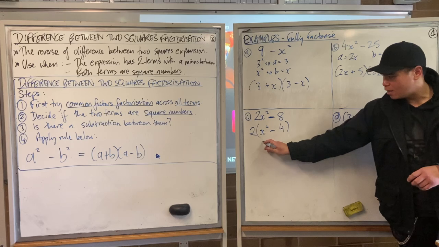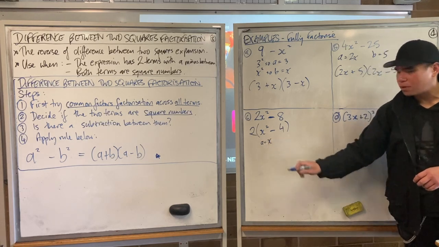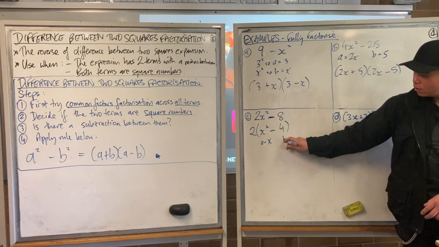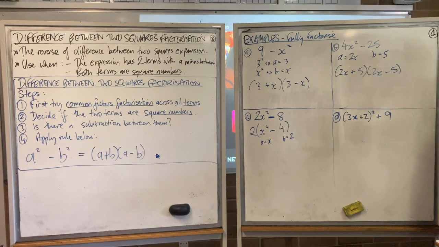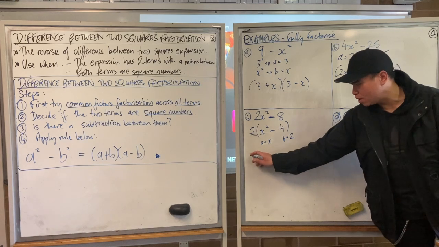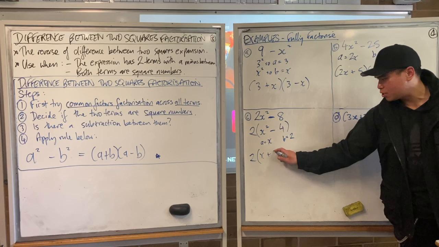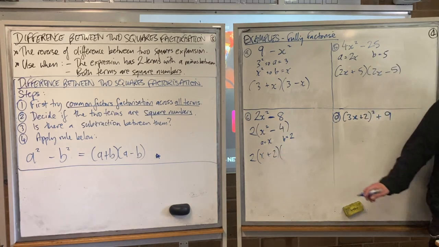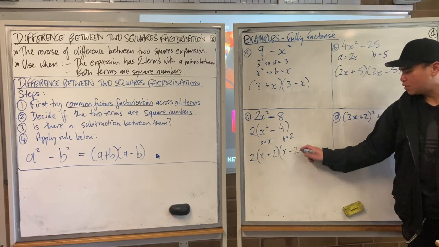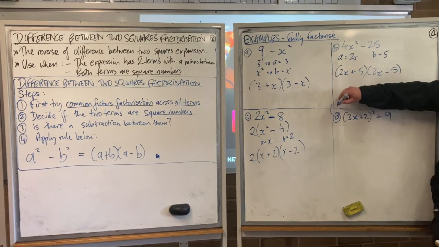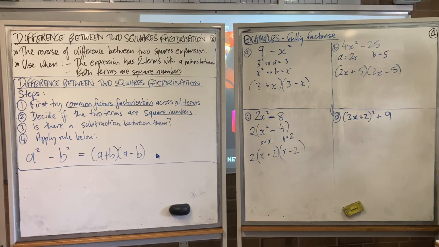So your A here is going to be x, because that's what I times by itself to get x squared. What do I times by itself to get 4? Good. So now I can apply that rule. 2's on the outside still. A plus B is x plus 2, bracket. A take B is x take 2. So there was a little extra step in there, but it's applying the same rule.